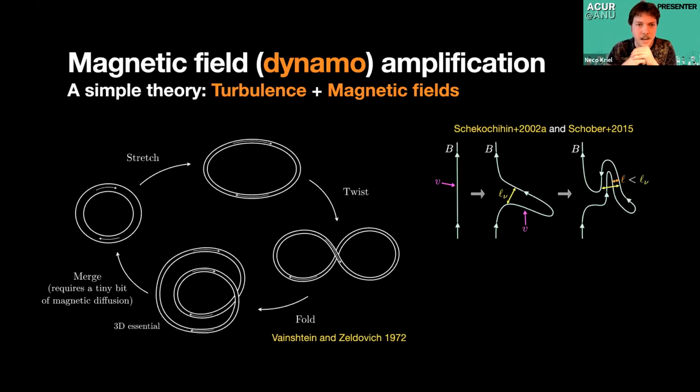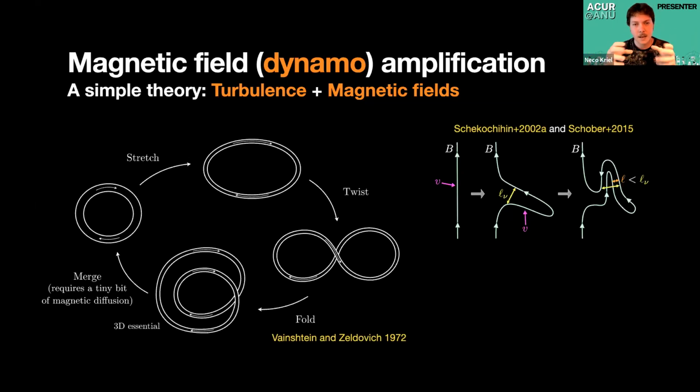The strength of dynamo theories is that one can ignore most of the physics that we addressed at the start: gravity, chemistry, temperature gradients. All those things can be ignored. All you need to explain how magnetic fields evolve is a turbulent environment with magnetic fields. And these magnetic fields need to be weak initially.